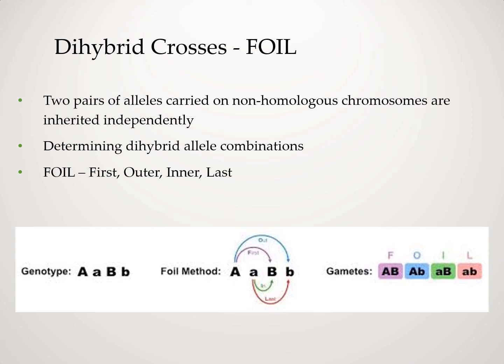Matching the first letter of each gene, in this case capital A and capital B, then the 2 outer alleles, capital A, lowercase b, then the 2 inner ones, lowercase a, capital B, and finally the last of both genes, lowercase a and lowercase b, will show the possible outcomes of what alleles could end up in the gametes of this dihybrid genotype. When these 4 possible combinations for one parent are put into a Punnett square and crossed against the 4 combinations from the other parent, it is possible to determine the probability of the outcome of dihybrid crosses.